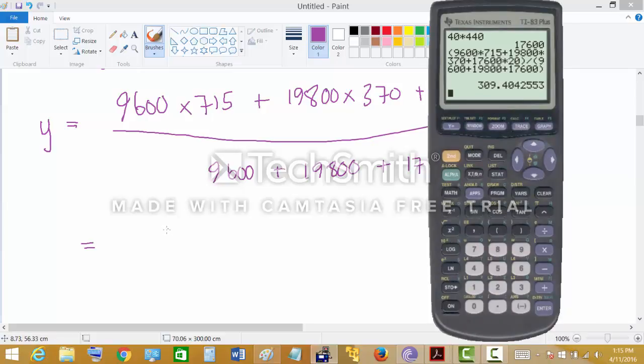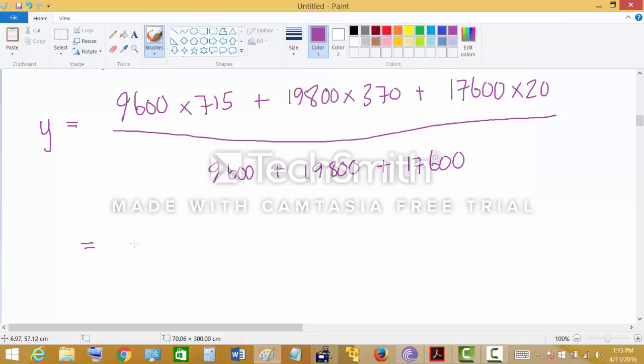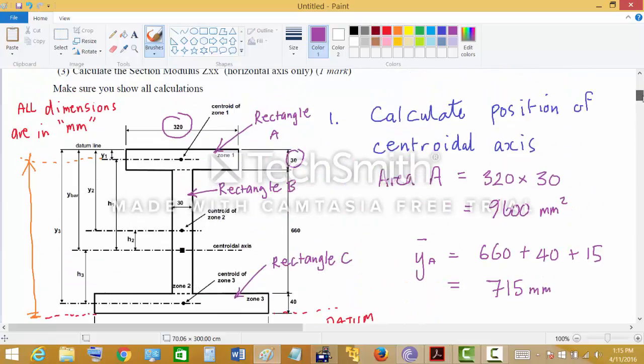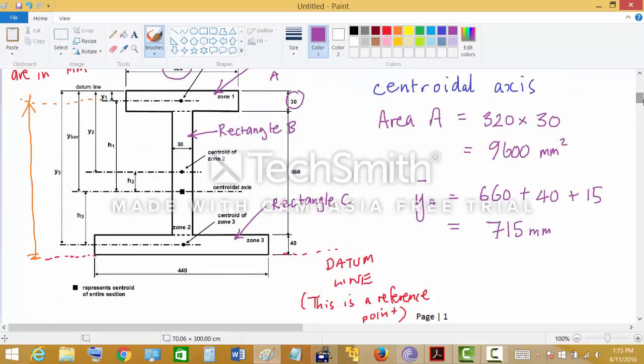309.404 millimeters. So that is where the centroidal axis is.